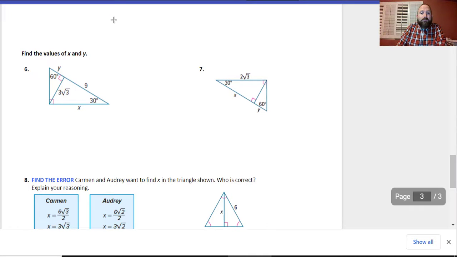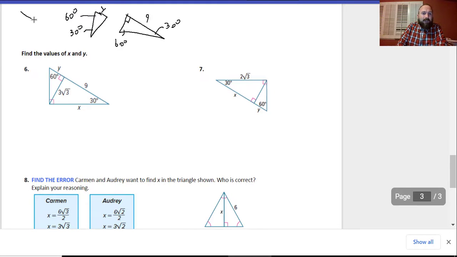For example, this one right here, we understand that there's going to be 3 triangles here. We have this one where it's 60 degrees right here, and this is y. Then we have another triangle right here where this is 9, this is 90, and so then this has to be 30, and if this is 30, then this has to be 60, and then that has to be 30 degrees.